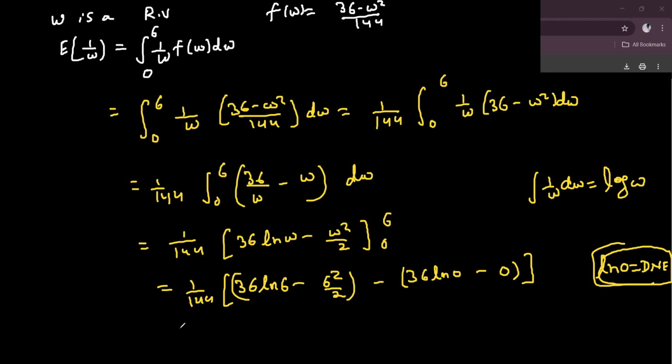It means you cannot find the expected value of 1 over w, because ln 0 is undefined. Let's suppose this is infinite. Infinite plus or minus anything is infinite. Infinite means does not exist.